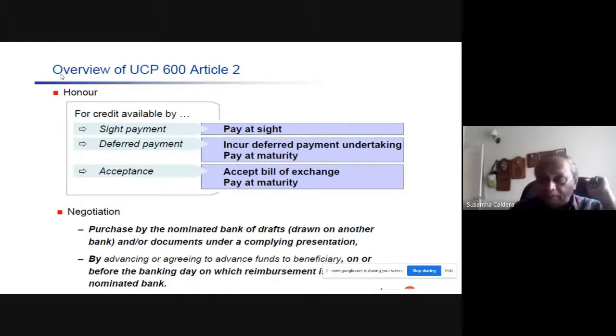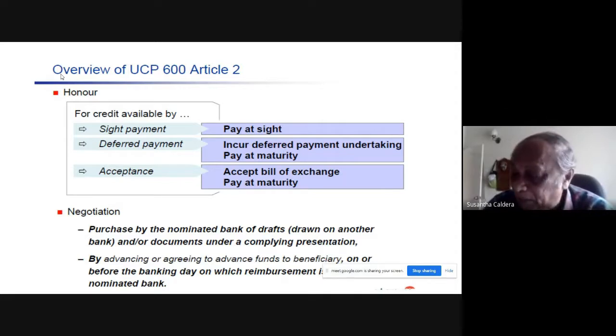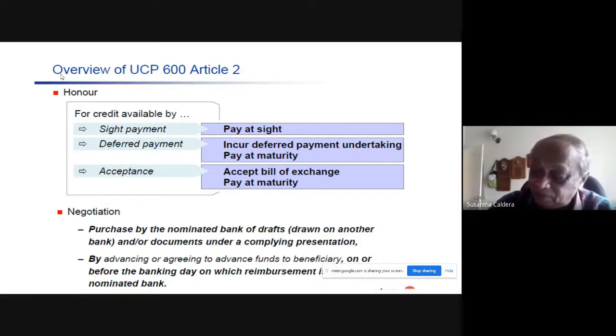Because of that, they prefer to do the transaction under deferred payment. There is a risk, but everything is based on the trust between the buyer and the seller.